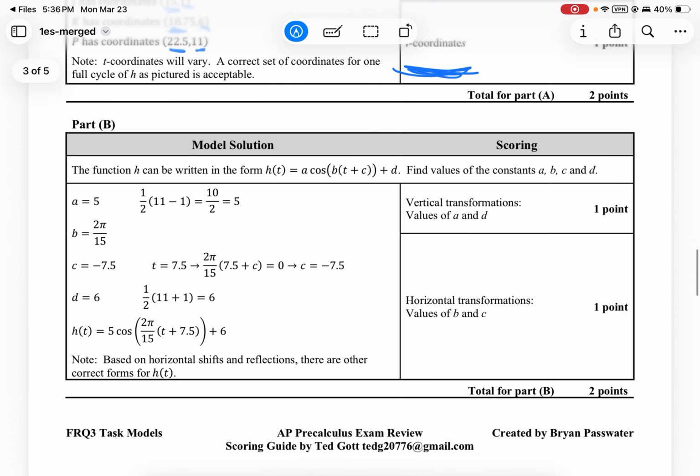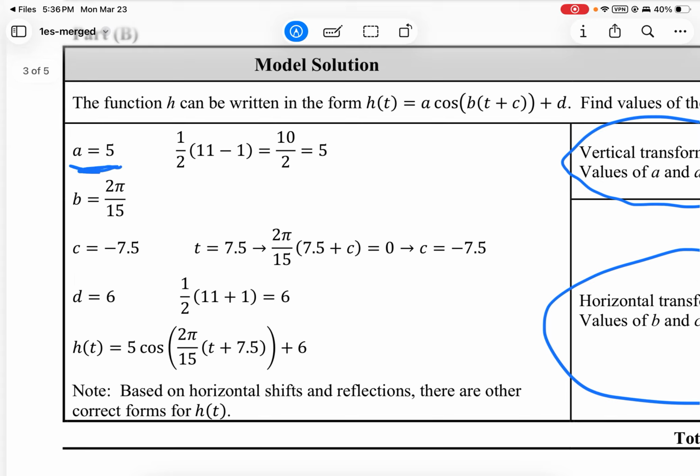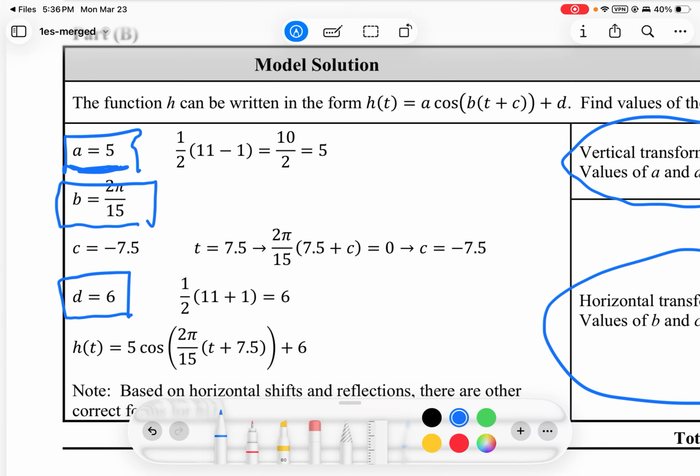Okay. For this part, you always get a point if you get the vertical transformations right, A and D, and a point if you get the horizontals right, B and C. So we got A right, that's the amplitude, that's 5. We got D right, that's the midline, which is 6. We got B correct, which is 2 pi over 15.